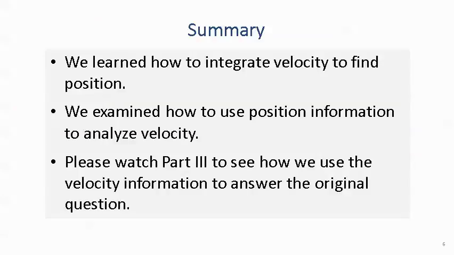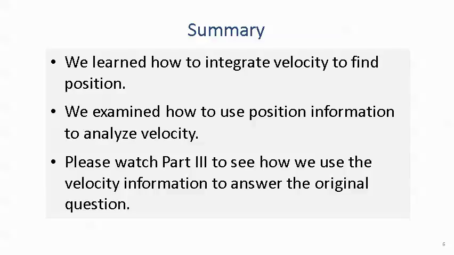So in summary, in this presentation we learned how to parameterize an equation of a line to incorporate the speed of movement along a line. So we're able to parameterize distance, a variable that describes the change in distance in terms of time. That tells us how our position changes with time.